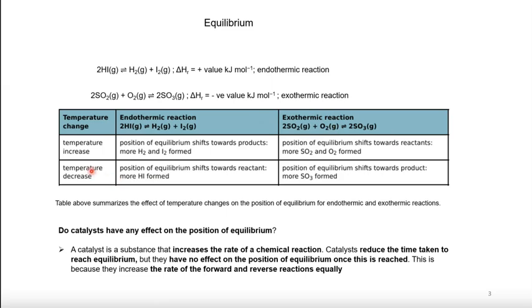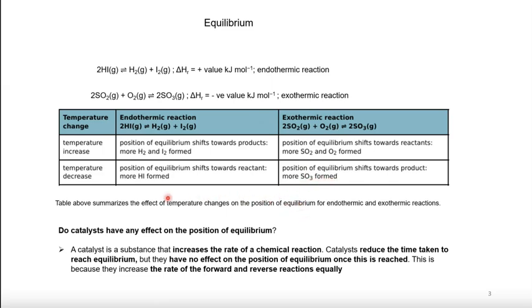If the temperature decreases, the position of equilibrium shifts towards reactant, more hydrogen iodide forms, and for the exothermic reaction it shifts towards products, and more sulfur trioxide is formed.